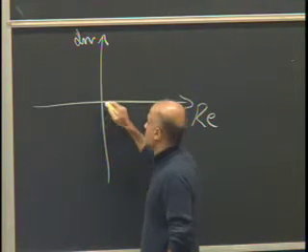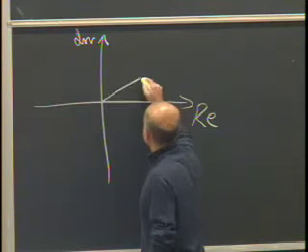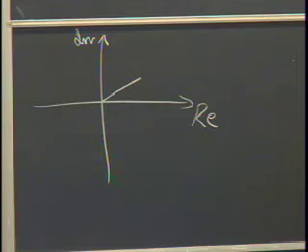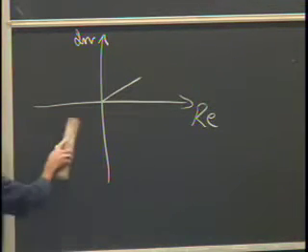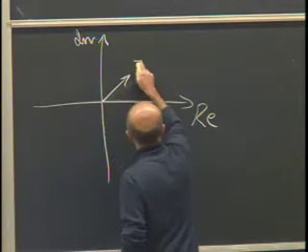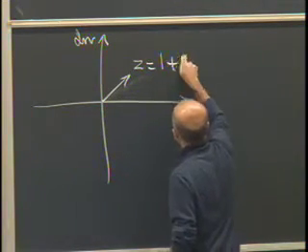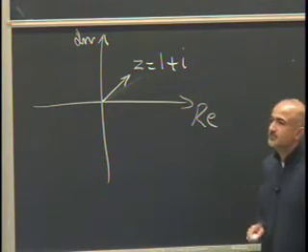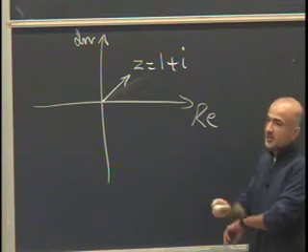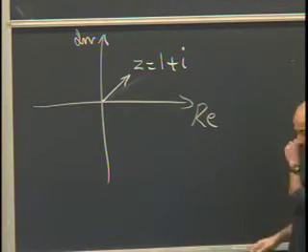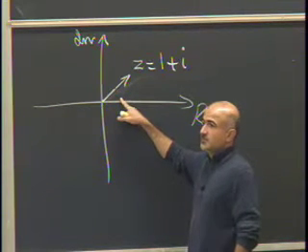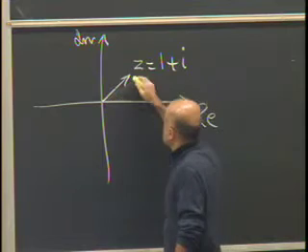I can give you a number, and then you can tell me what it is. I'll give you the number 1 plus I. Multiply this number by I. What's the angle? 45 degrees.